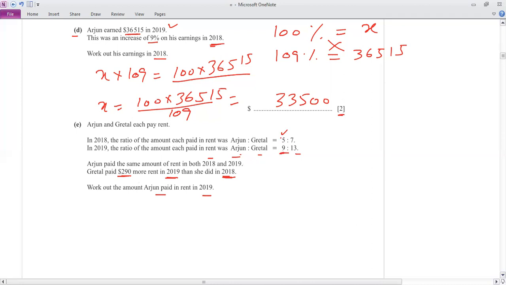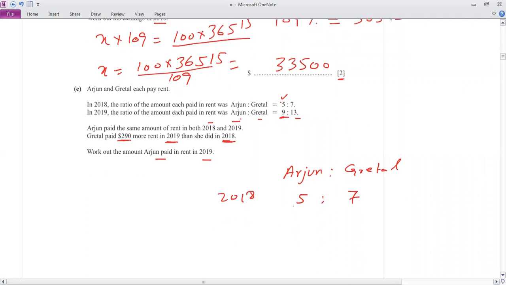Now we'll try to make it the same. Let's see. I will write here Arjun ratio Gretel. In 2018 it's 5:7. In 2019 it is 9 and 13.